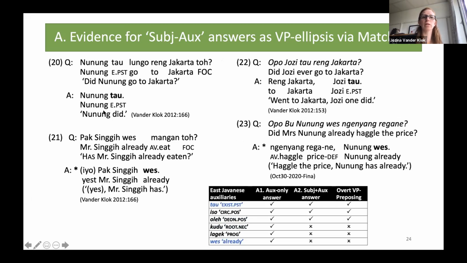So it's possible in a subject auxiliary answer and with VP preposing, but the aspectual marker already is ungrammatical in both the subject auxiliary answer and in overt VP preposing.